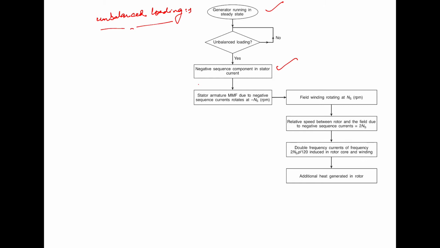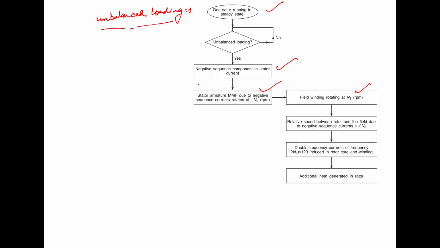So the stator armature MMF due to the negative sequence rotates at minus ns RPM, while the rotor field rotates at plus ns, as you have seen. The field winding is rotating at plus ns.